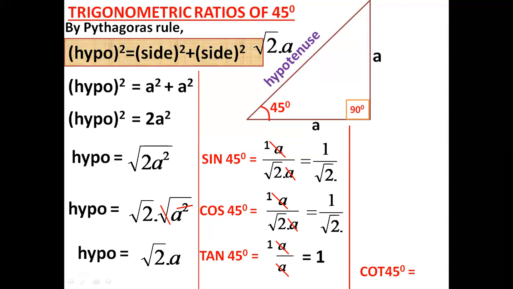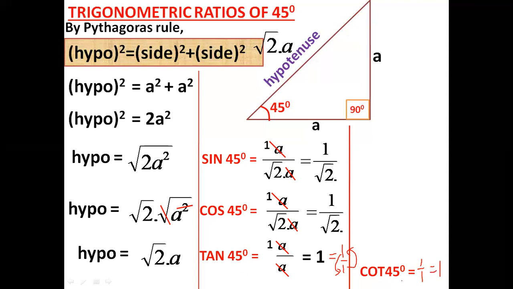The tan 45 value is equal to 1, and 1 can be written as 1 by 1. Now if you reverse this ratio, you get again 1 by 1. That is the result of cot 45, because cot and tan are reciprocal to each other. So 1 by 1 means 1. So cot 45 value is 1.